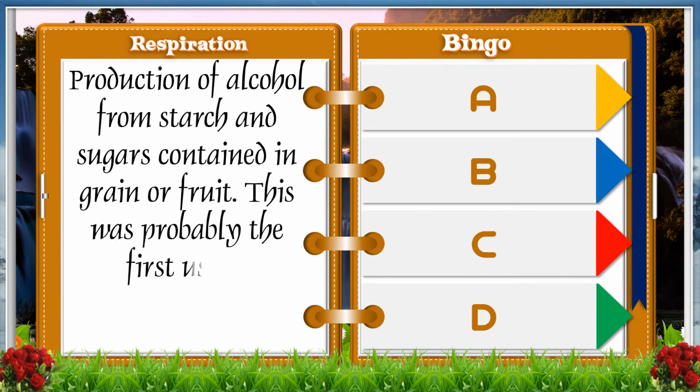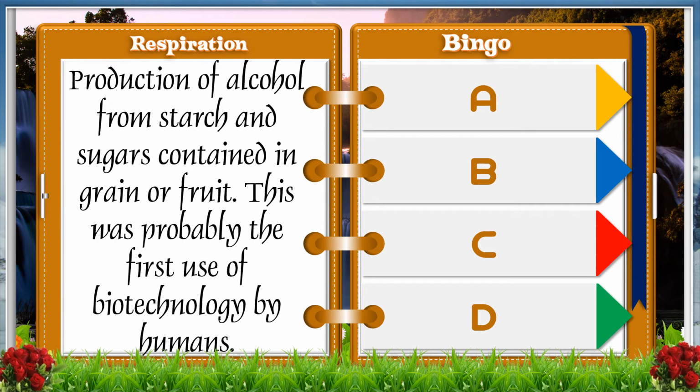Production of alcohol from starch and sugar contained in grain or fruit. This was probably the first use of biotechnology by humans.